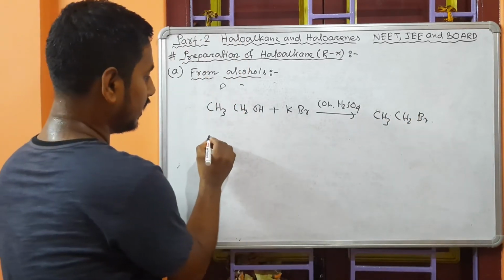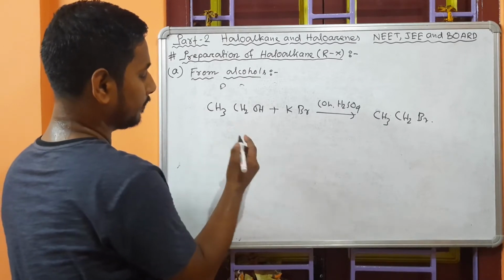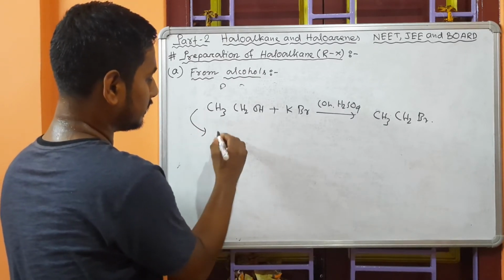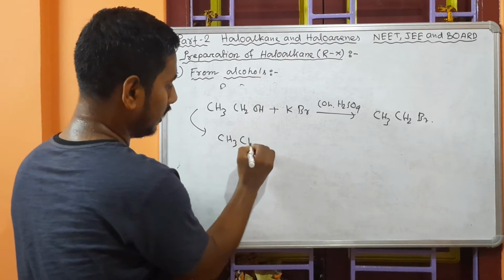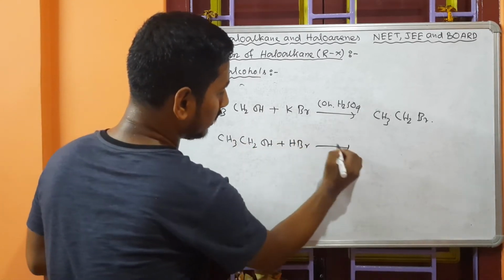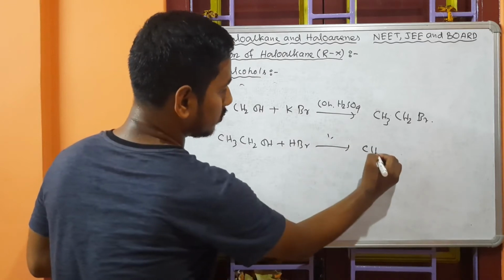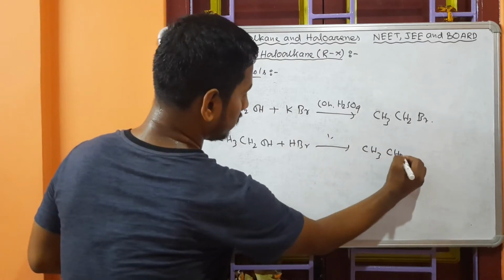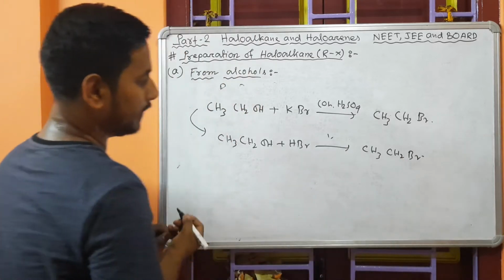Very similarly, you can write the same reaction like this: CH3CH2OH plus HBr in presence of concentrated H2SO4, and you get CH3CH2Br.